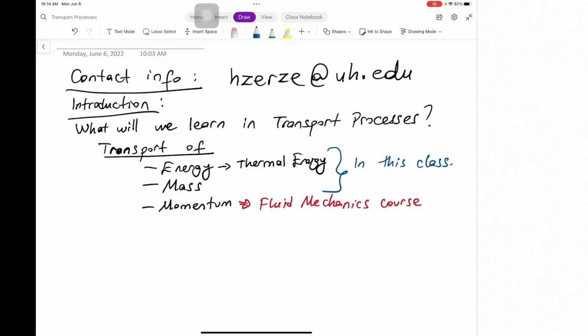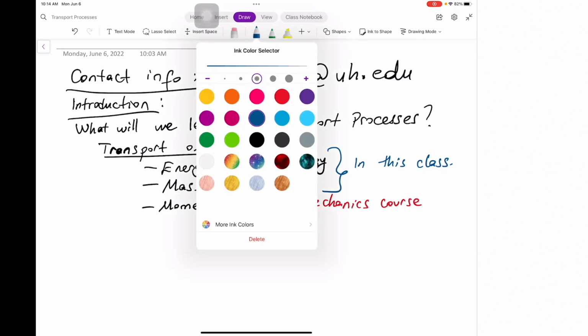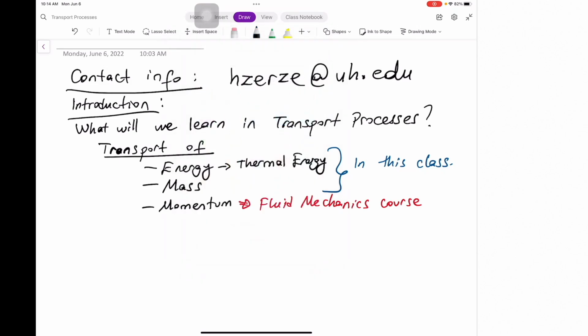Okay. And let's have some motivation. Why are we learning this? When we say we're going to learn about transport of energy, mass, and momentum, we mean we're going to learn about the underlying equations and useful models to understand that transport.